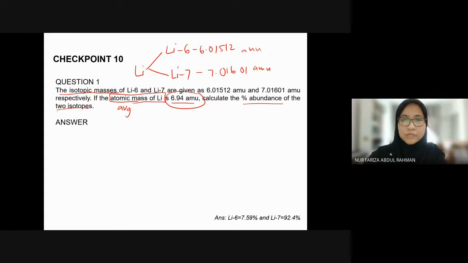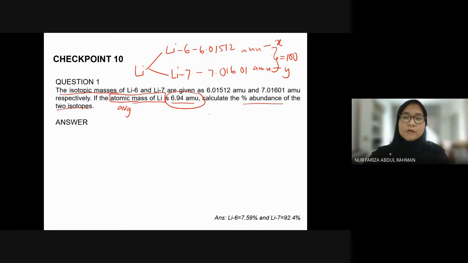We know lithium has only two isotopes, so the total of the two abundances will be equal to 100. By that we have two unknowns, X and Y.